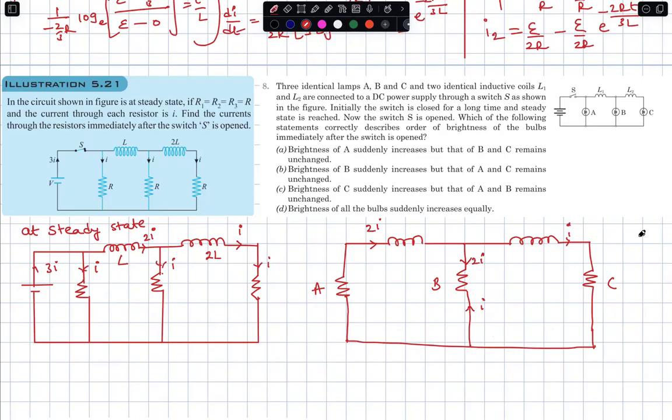Aditya, what is going to be the net current through B at that instant, immediately after opening the key? I through this, 2I through this, I through this. Now tell me, what are your answers?